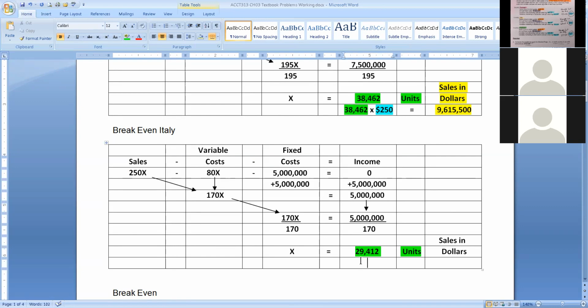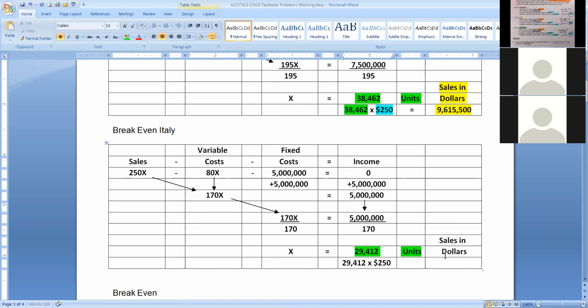Our sales in dollars, we're going to take the 29,412. And each one of those is selling for $250.